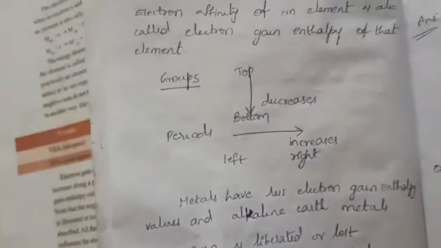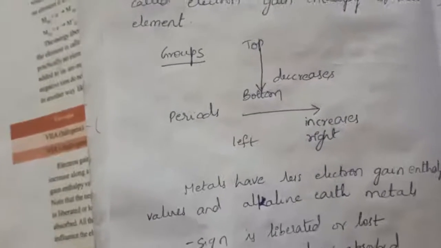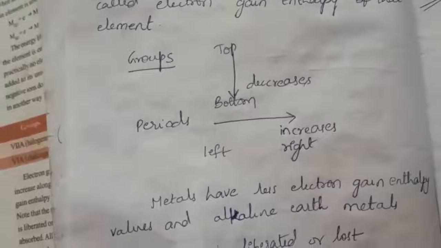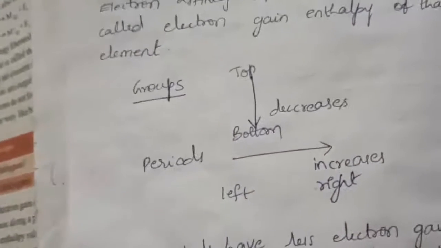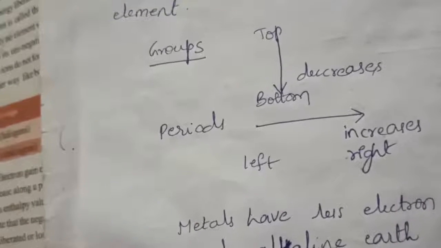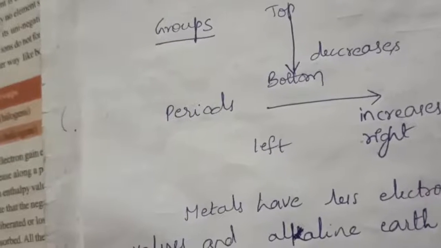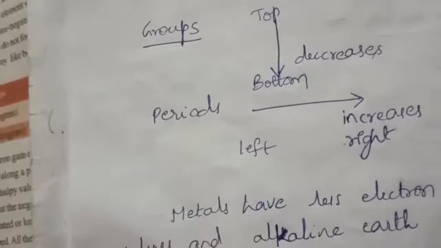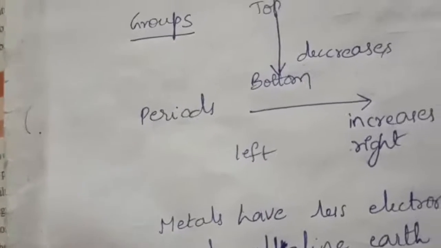Electron gain enthalpy values decrease from top to bottom, and in the case of ionization energy also it decreases from top to bottom. In periods, electron affinity increases from left to right. Metals have less electron gain enthalpy values, and nonmetals have more electron gain enthalpy than alkaline earth metals.